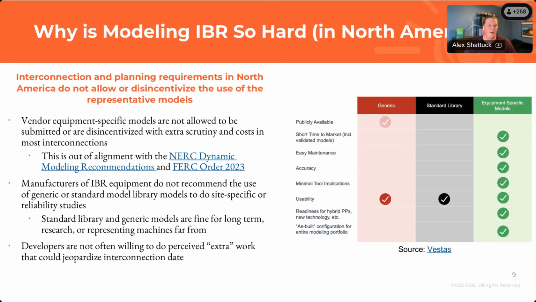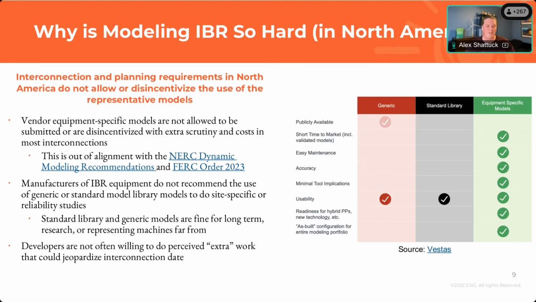So what's happening in the US is that interconnection and planning requirements often don't allow or disincentivize the use of these equipment-specific models. Vendor-specific models aren't allowed to be submitted or are disincentivized with extra scrutiny or even extra costs in some interconnections.